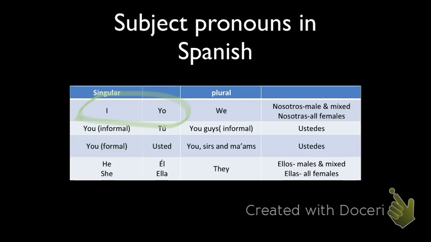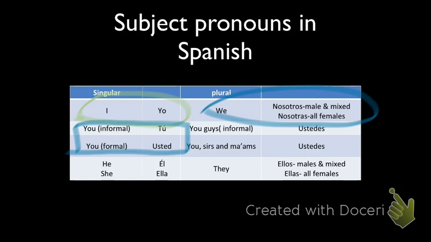We is going to be either nosotros or nosotras. You is going to be tú or usted, depending on if we want to be formal or informal.